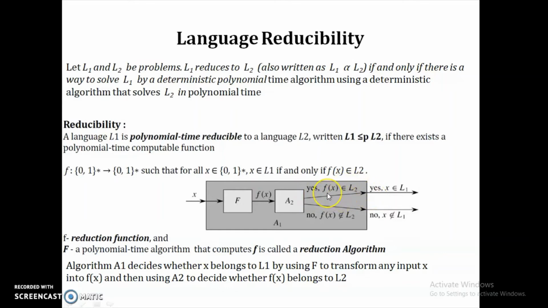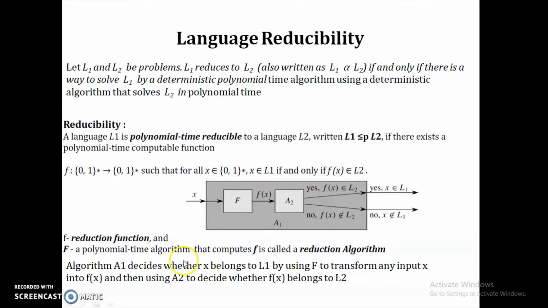So if f(x) belongs to L2, it will produce yes, the same is considered here, and A1 will give the output that x belongs to L1. If A2 produces no, A1 will give no. That means x is rejected by the language L1, that is, x is rejected by this algorithm A1.